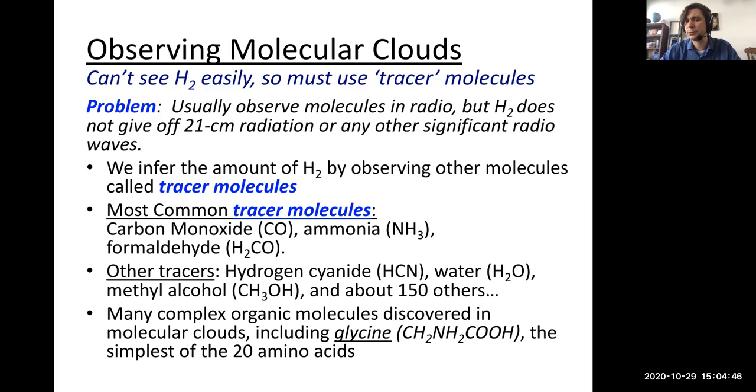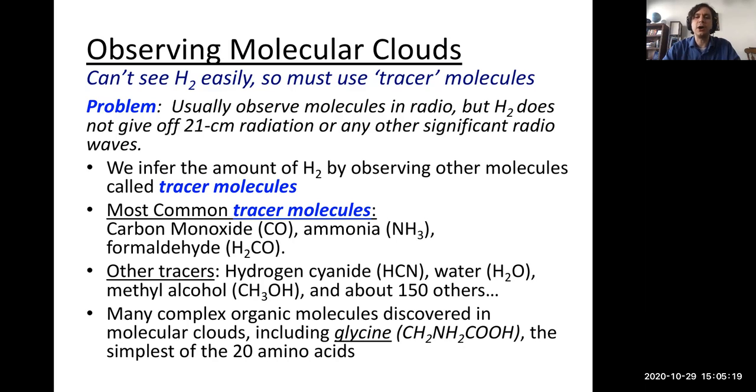What we have to do is infer its existence, because the molecular hydrogen hangs out in a molecular cloud where there are other molecules. So what we'll do is look for rotational radio spectral lines due to other molecules. And if we see those, then we can infer that molecular hydrogen is there just because there is a lot of molecular hydrogen. It is the vast majority of the mass of a molecular cloud.